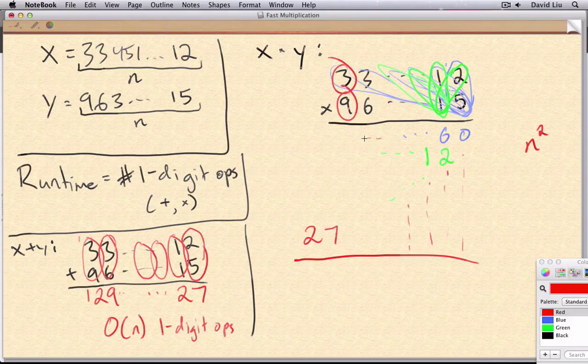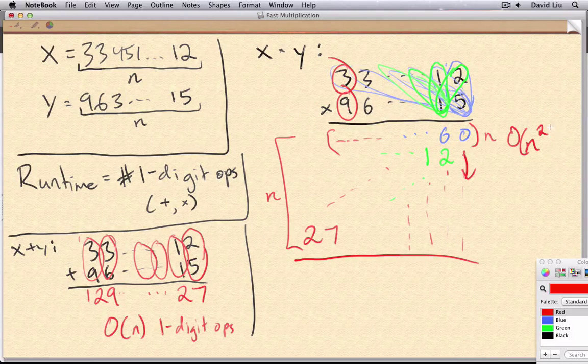If you look at the numbers that you've actually written down everywhere, you can see that every row has n numbers, and when you do the addition going down, there's n rows. So again, there's going to be n squared additions for a total of big O of n squared one-digit ops. So the divide and conquer algorithm that I'm going to show you next is going to beat n squared.